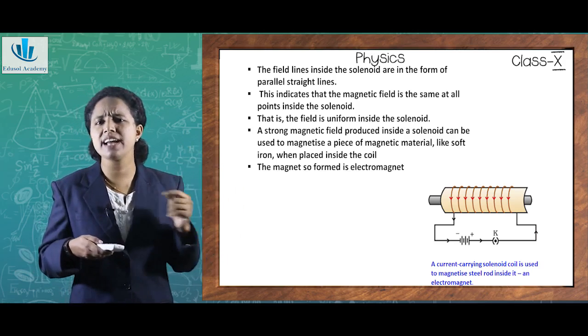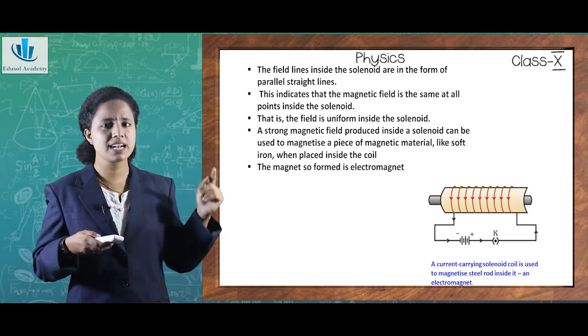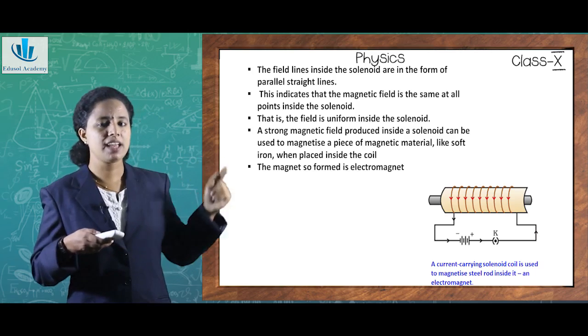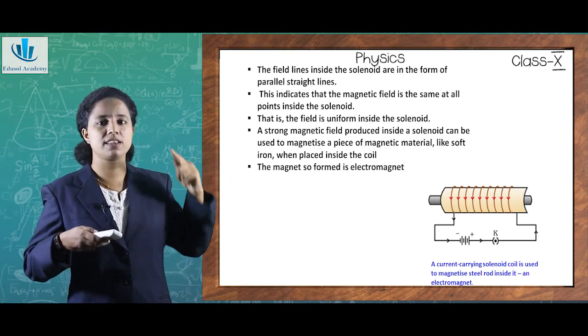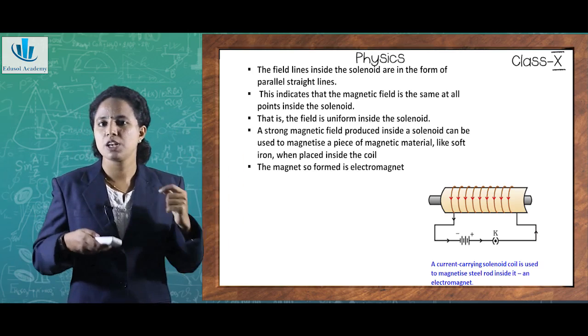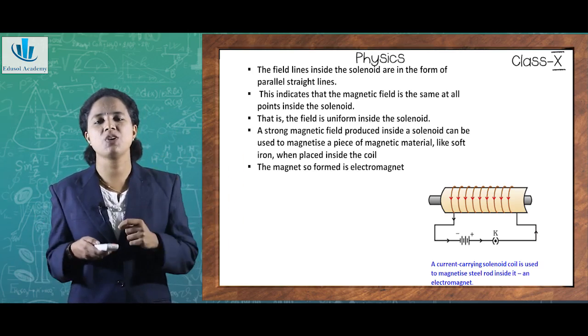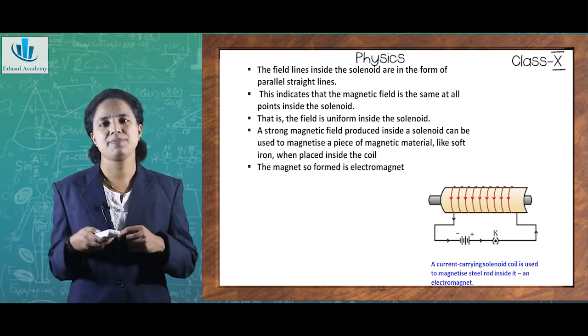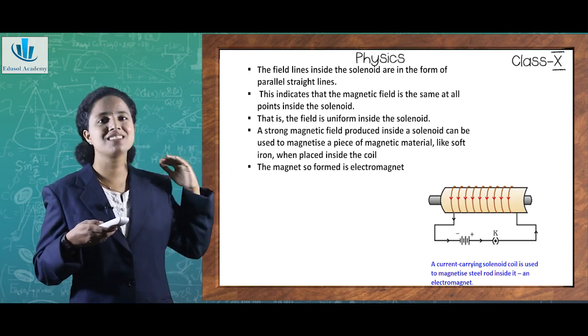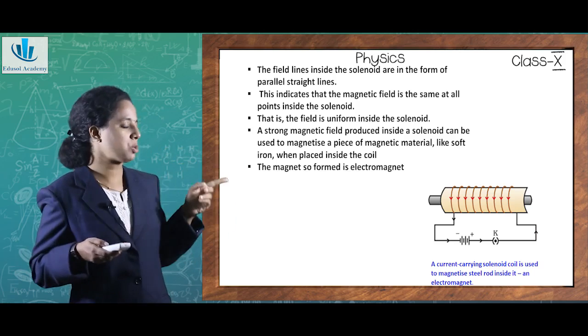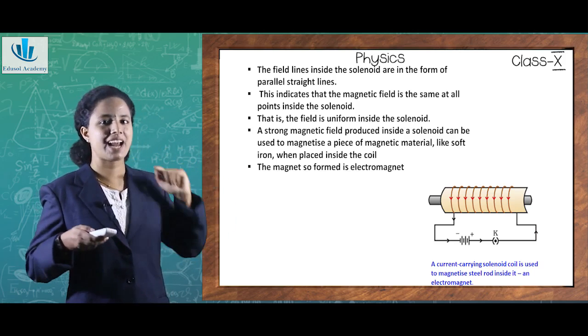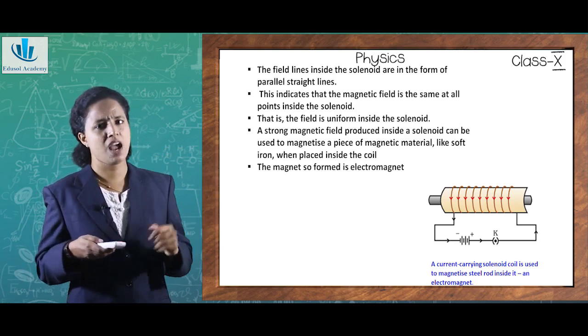But what is happening inside the solenoid? Inside the solenoid, is it like circles or is it like going away from the center? No. When it is inside the solenoid, they are different. They behave like parallel straight lines, isn't it? In the center, you can see inside the solenoid they are parallel straight lines.